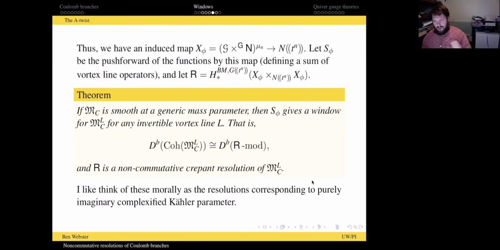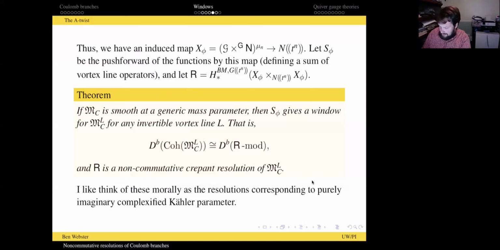You might wonder why before I was always quotienting by this loop group, and now I'm not. Taking fixed points after you quotient by the loop group means something different, and I really want to take fixed points before I quotient. So that's why I'm including it in the equivariance here. But I get some algebra, which I'll call R, which is the endomorphisms of this interesting line operator.